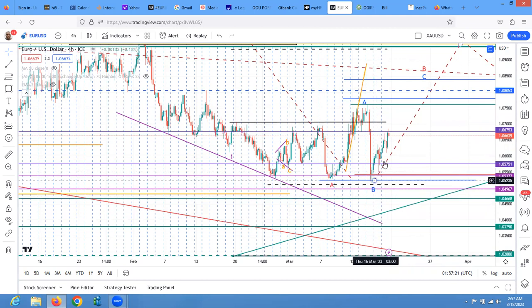So I still see this one running up as a C. Now the catch here is that it extended a little below the origin of A in the blue, so the B in the blue extended below it. If it had gone beyond 123 to this area between here, I'd be thinking of an extended flat.